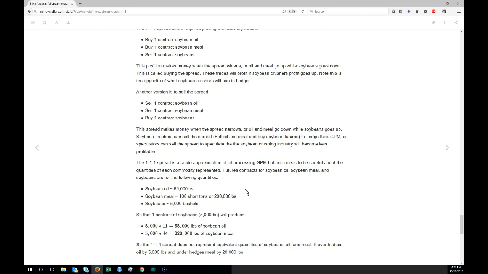Well, at 11 pounds of soybean oil per bushel, we would get 55,000 pounds of soybean oil. That doesn't match the 60,000 pounds here. So 1 contract of soybeans, if you crush it, you get 55,000 pounds of soybean oil. If you hedged that with 1 contract of soybean oil, you would be overhedged by 5,000 pounds of soybean oil.